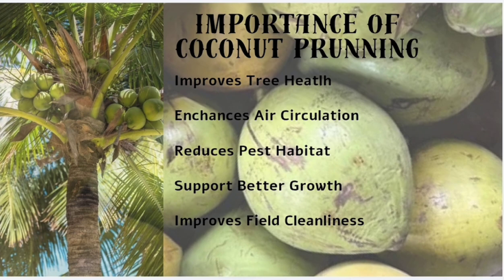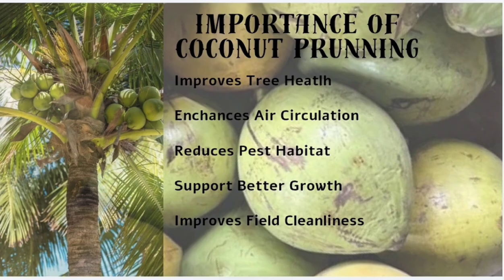Coconut pruning helps maintain the health of the coconut tree by removing dry and damaged fronds. These fronds may become a source of pests and disease if left on the tree.